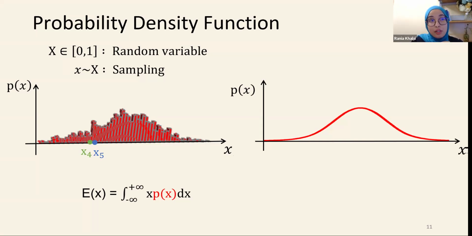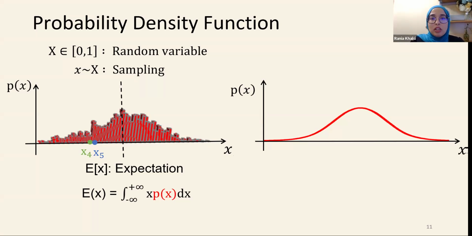We can think of the famous expectation. You see the formula here. I forgot to mention the animation for this one, but expectation is a very interesting and very important formula that we can use if we are sampling from x.